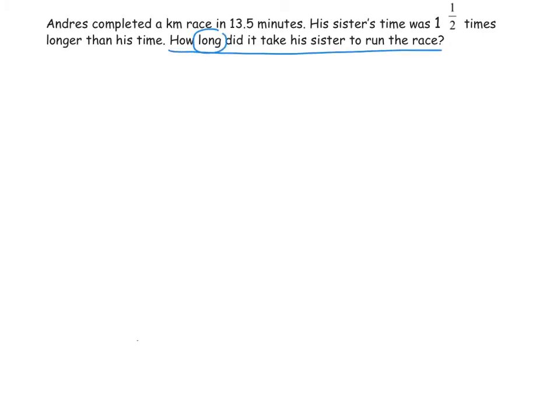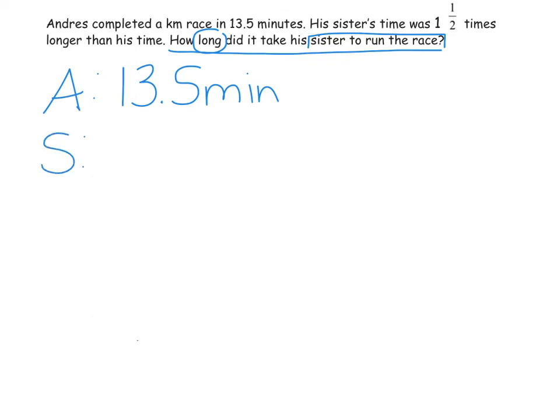How long did it take his sister to run the race? All right, so what do we know? We know Andres took 13.5 minutes. And we know that sister was 1.5 times longer.